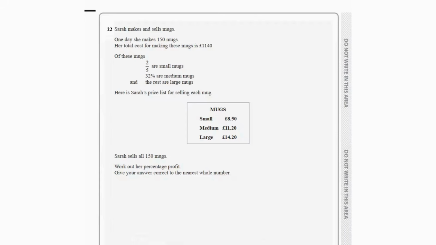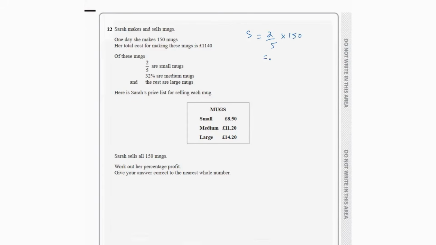So I selected this question because it uses fractions and percentages along with percentage profit. So it is a good question. We have to find how many small mugs, medium mugs, and large mugs she's making. For small, that's 2/5 of 150.